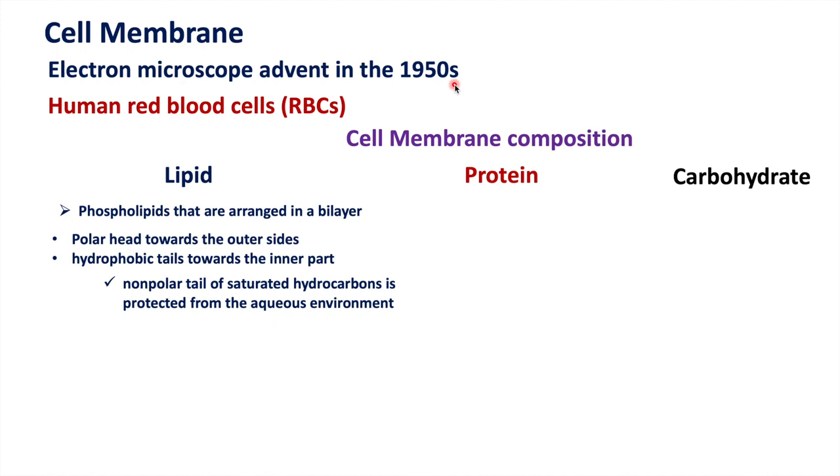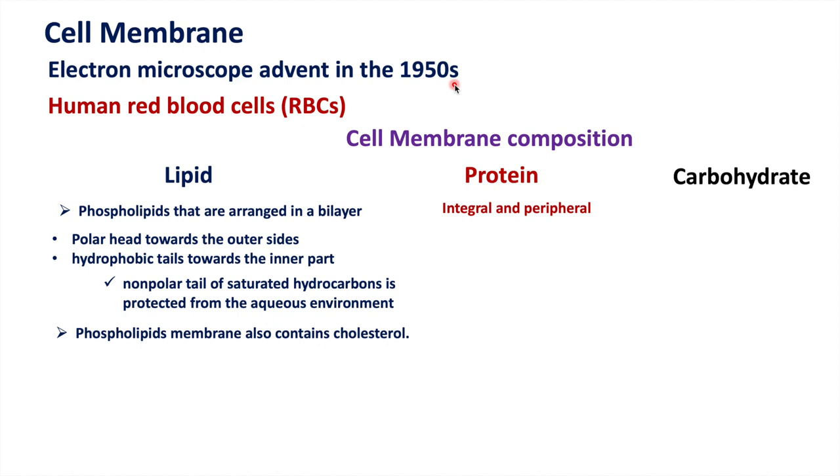This tail portion is made up of saturated hydrocarbon, and its main role is to protect the cell from the aqueous environment present outside of the cell membrane. The phospholipid membrane also contains cholesterol. If we talk about protein, there are two types of protein present. One is integral protein and the other is peripheral protein. This is categorized based on their extraction procedure.